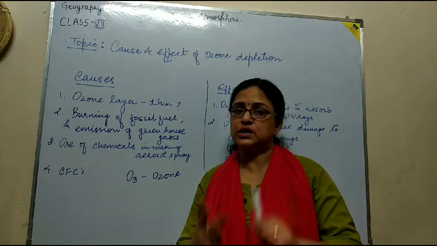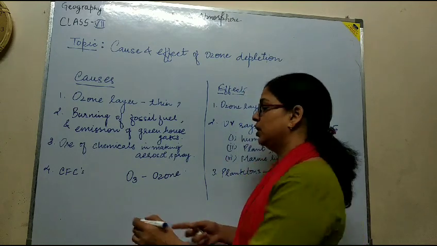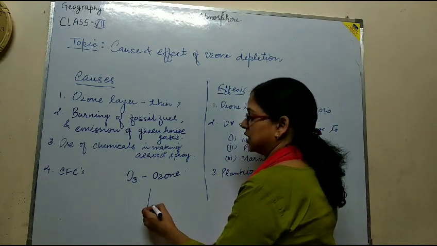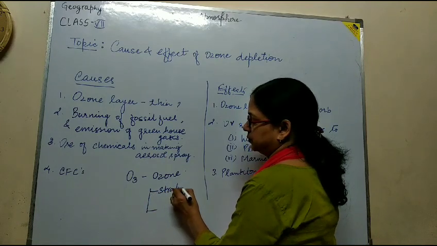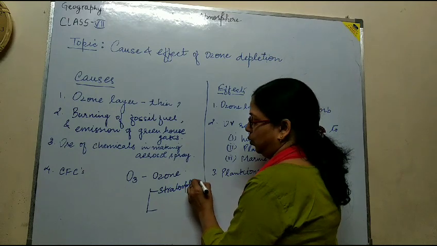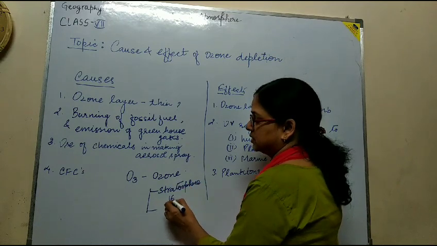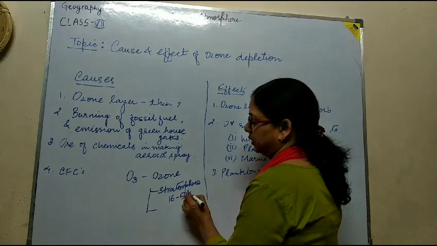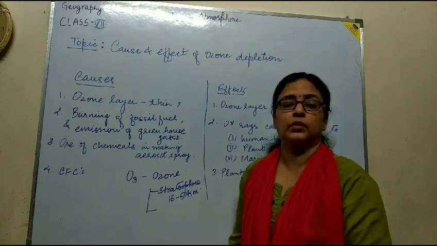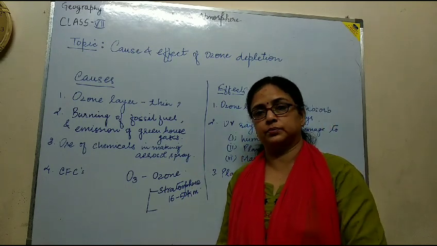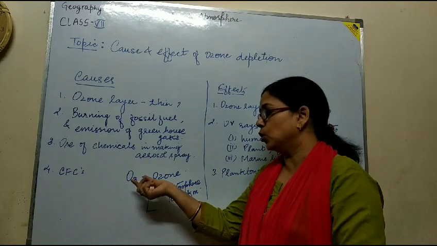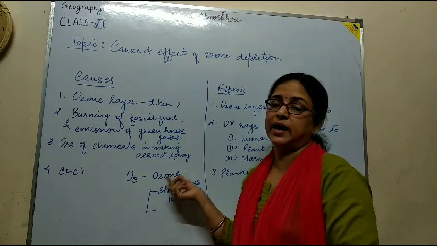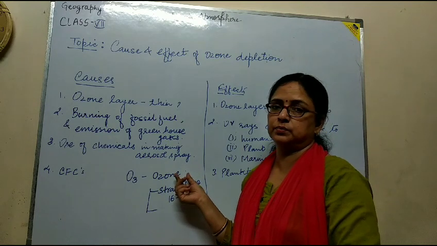Out of these 5 layers, the second one from the Earth's surface after the troposphere is the stratosphere, which exists from 16 to 50 kilometers above the Earth's surface. In the lower level of the stratosphere, the ozone layer of ozone gas is present.